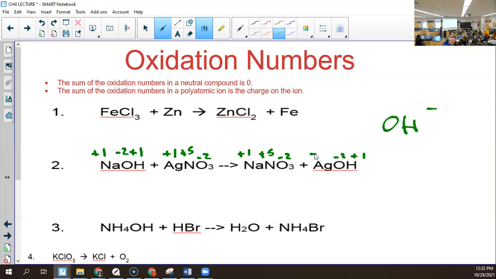Okay, will you right now look at this and identify the things that change? Tell your partner what changed. Which atoms changed charge? Ain't none of them changing charges, right?